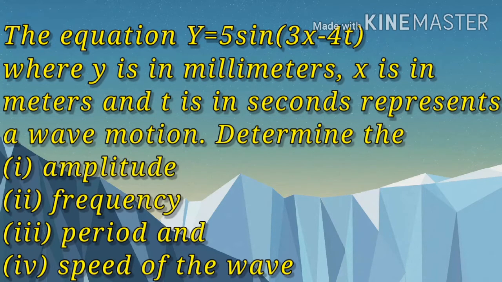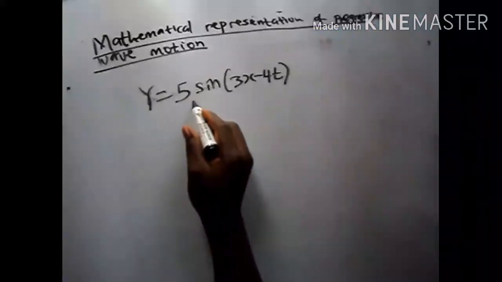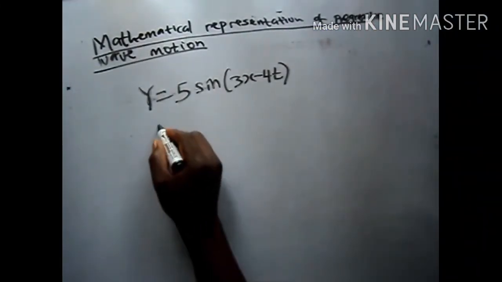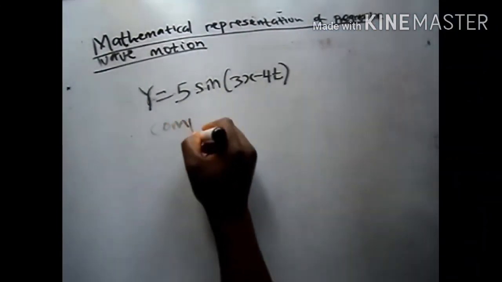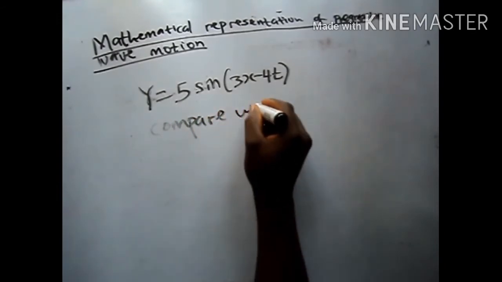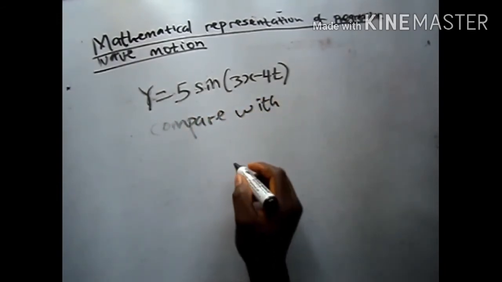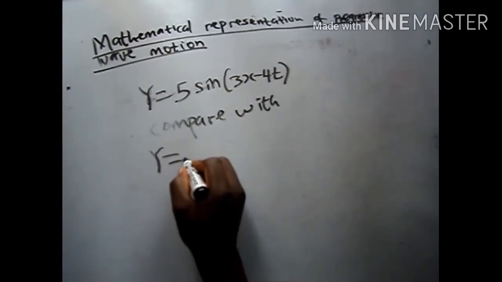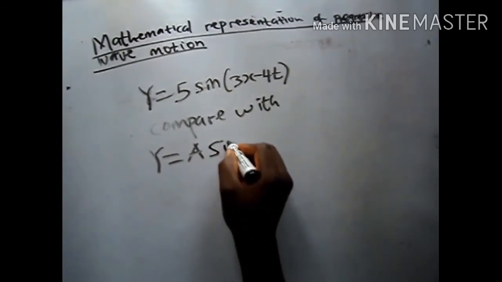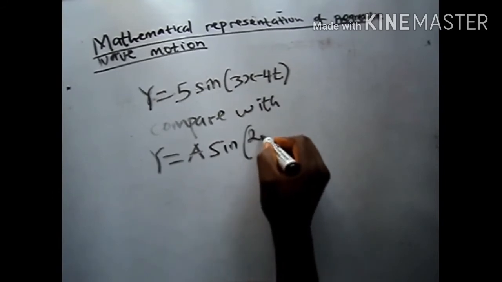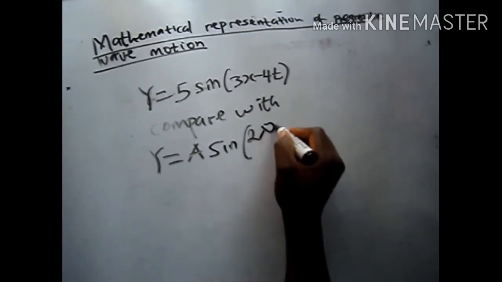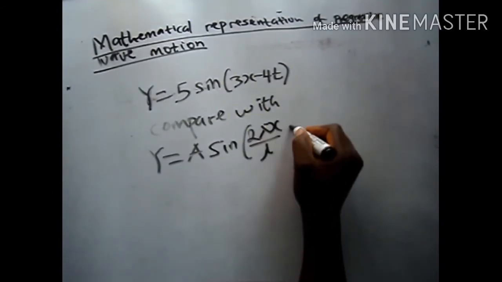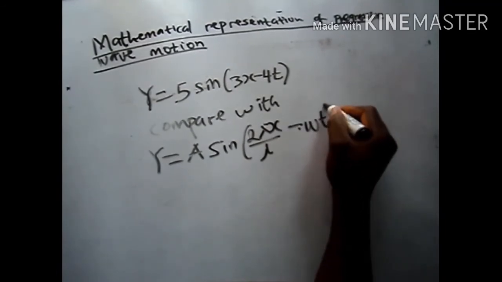wave. So now comparing this equation that we're given, you have to compare it with the equations that I gave you. You'll see this looks somewhat alike, so we can use this also.